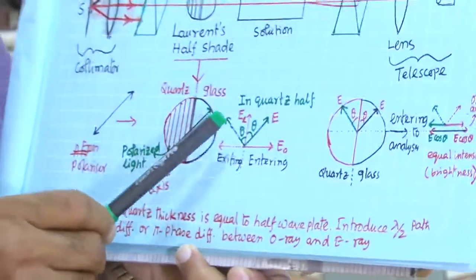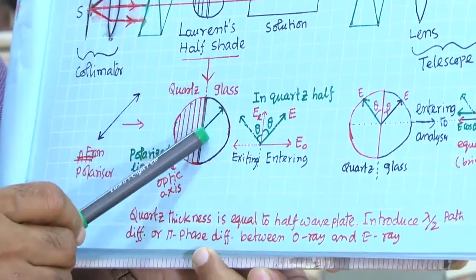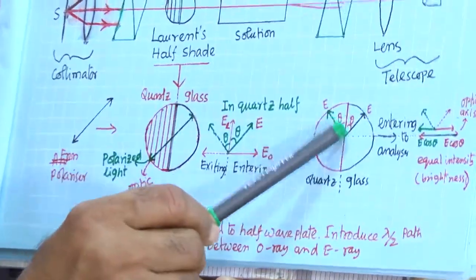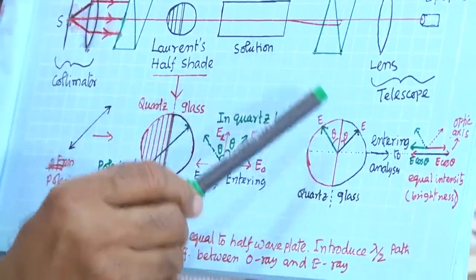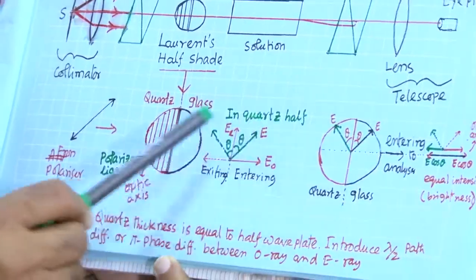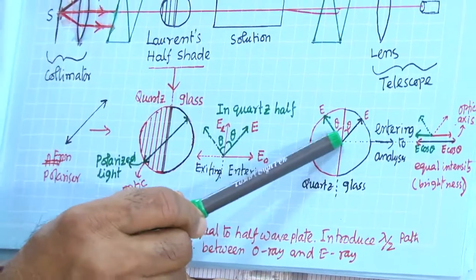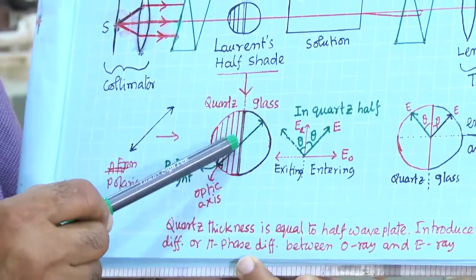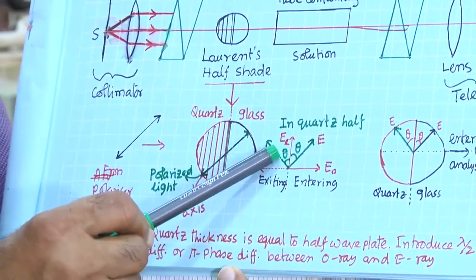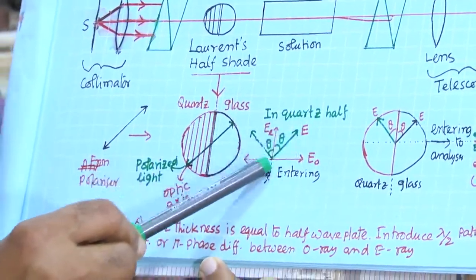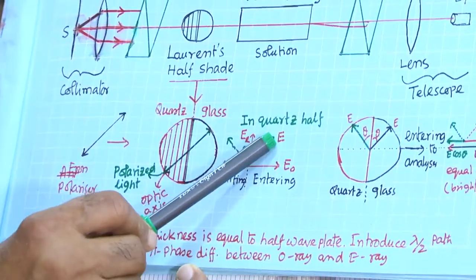Now, for the glass part there will not be any change, it will be in this direction. So when it comes out, the electric component in the glass part will be in this direction, and in the quartz part the electric component will be in this direction. And this direction is basically normal to the original direction.